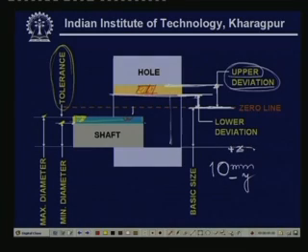Now, this way if you are giving the tolerances both on the upper side and the lower side, then it has got a name which is called bilateral.